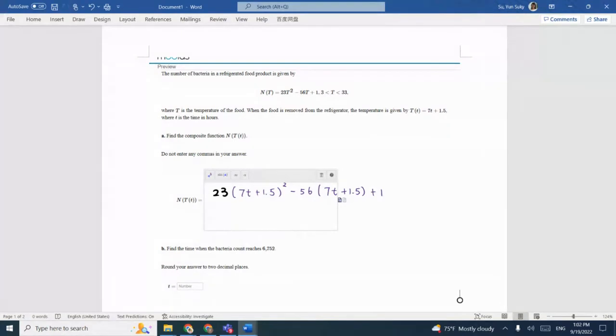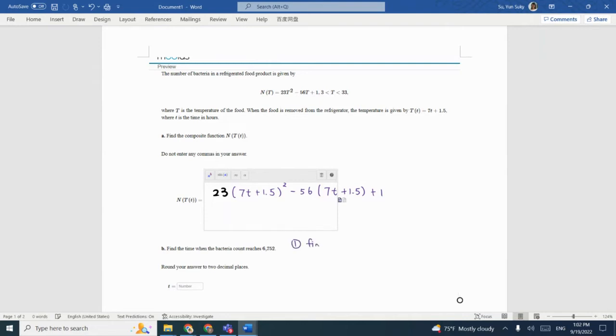And then part B, find the time when the bacteria count reaches 6,752. Okay? So you can separate this into 2 steps. The first step is you find the temperature where the bacteria reach this number. And then after you find the temperature, you can plug into this function to find the time. So it's easier if you think of it this way, in 2 steps.